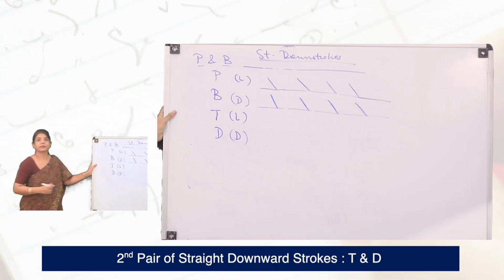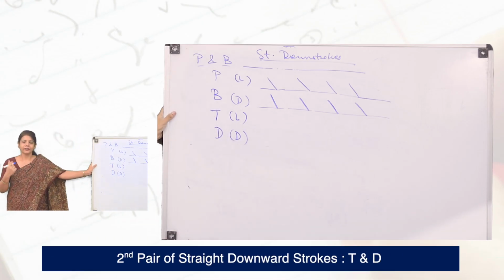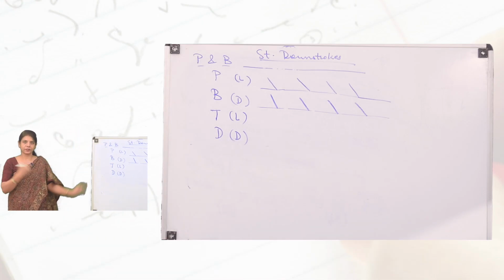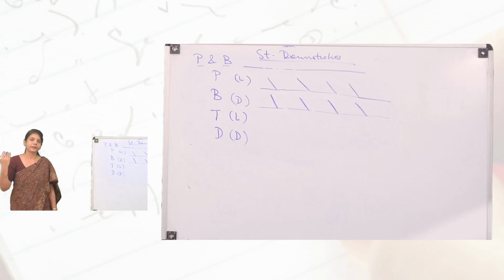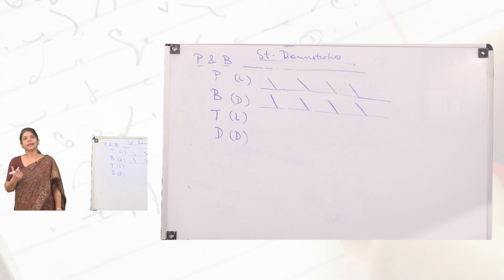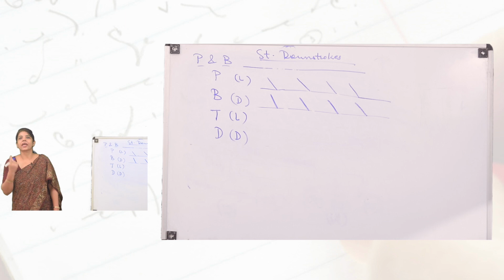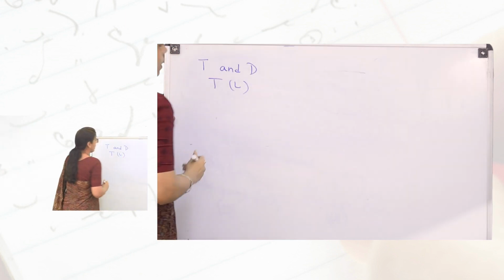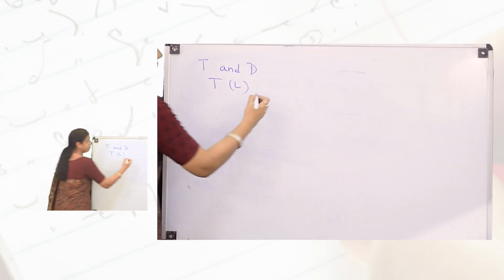Next pair is T and D. T is a light sound and D is a heavy sound. So T is written with a light touch and D is going to be written with a heavy stroke. Now this L means light.